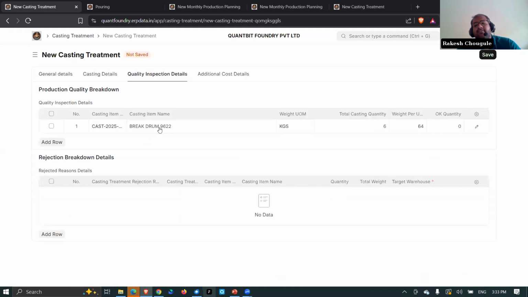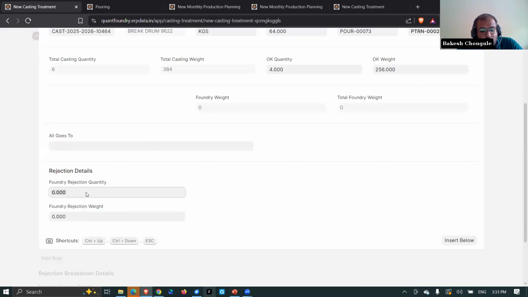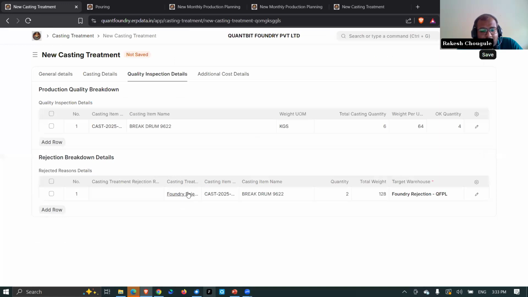It may happen that the casting which is good at pouring after the melting stage, but in fettling, in knockout, there will be a crack or some rejection happens. So I have the option for that. I will add here 4 okay quantities, and rejection quantities are 2. After adding rejection quantities, you can see the rejection table is automatically updated in the system.